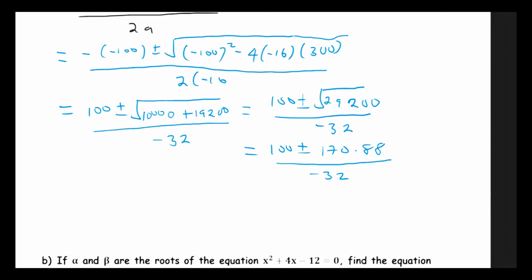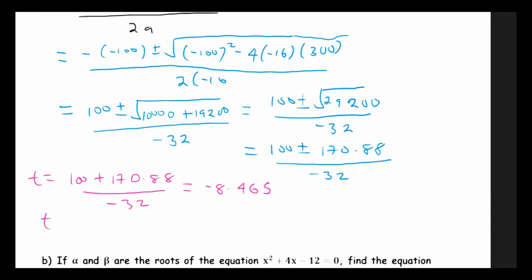So it means, therefore, that t can either be, when we take the positive, 100 plus 170.88 divided by negative 32. That should give you negative 8.465.